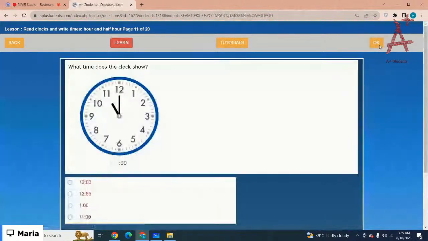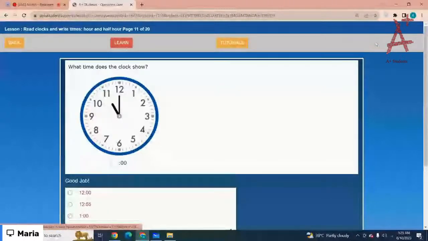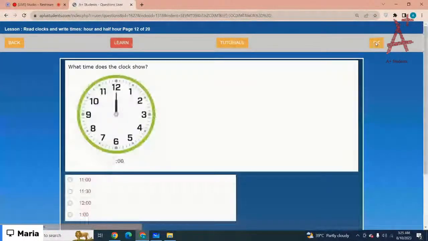What time does the clock show? So, which is the correct option? The correct option is 11, right? The correct option is 11. Okay, what time does the clock show?